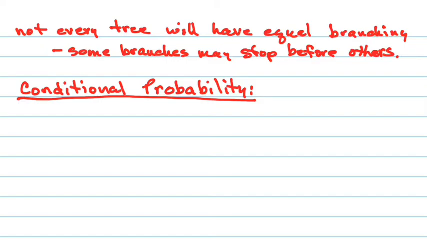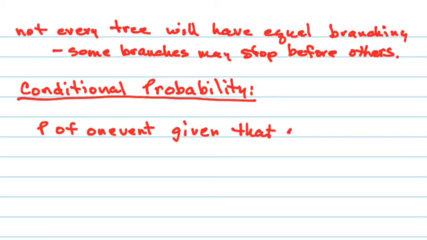Conditional probability is the probability of one event given that another event has already occurred.